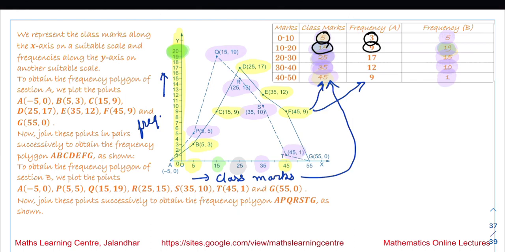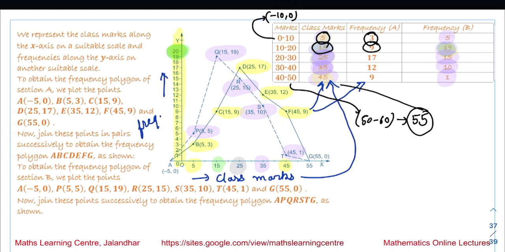Now the next thing we have to do is plot the points for the imaginary frequencies. In this case, the intervals will be minus 10 to 0, and 50 to 60. For these, the class marks will be minus 5 and 55.